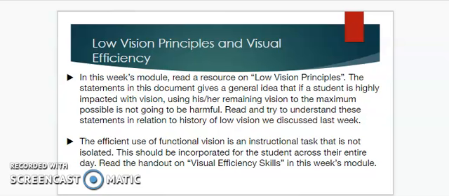Whatever little vision the student has, you want to make sure you use it. It's not going to harm the vision. As long as the student is able to see a little, conceptually it's supposed to help the student much better than not using the remaining vision. So read and try to understand these statements in relation to the history of low vision that we discussed last week.